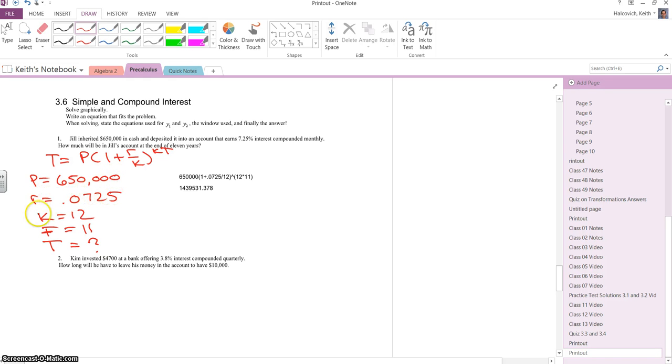So now, if we're solving for big T, then we do not need to solve graphically.